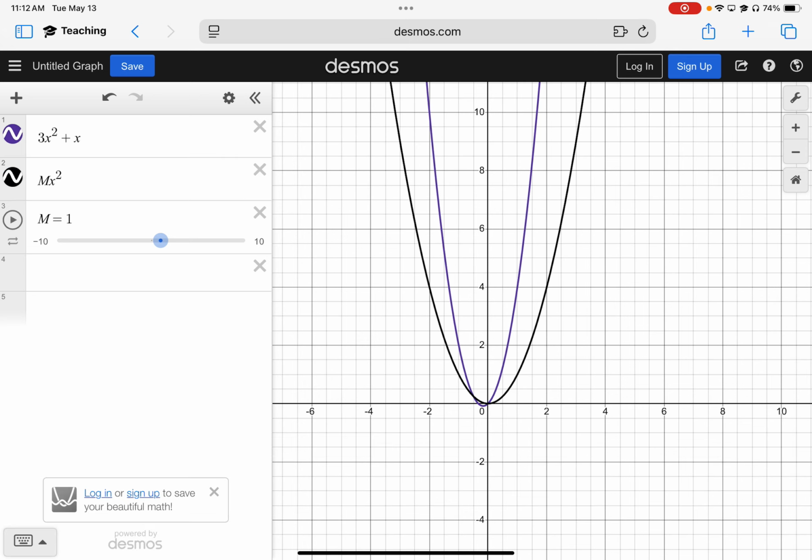Okay, so we've graphed the two functions. We see that 3x squared plus x seems to be consistently greater than mx squared. And that's not what we want.